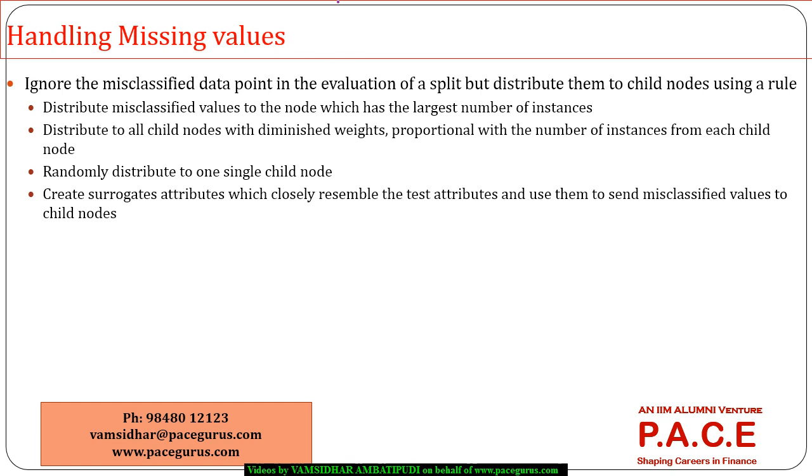Generally, the majority of these tree models ignore the misclassified data point, especially when evaluating a split, when I have to decide to which group a particular data point needs to be put. So if a particular value is missing, that point will not be considered for evaluation of the split.